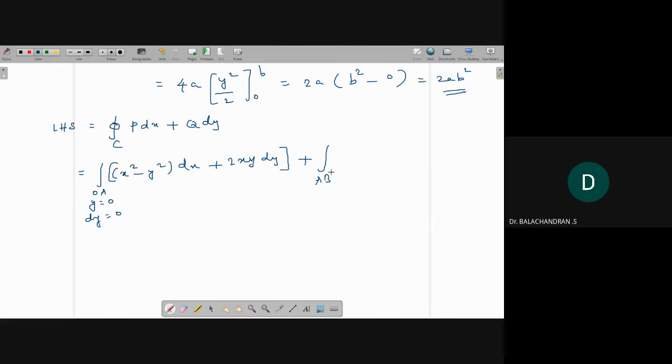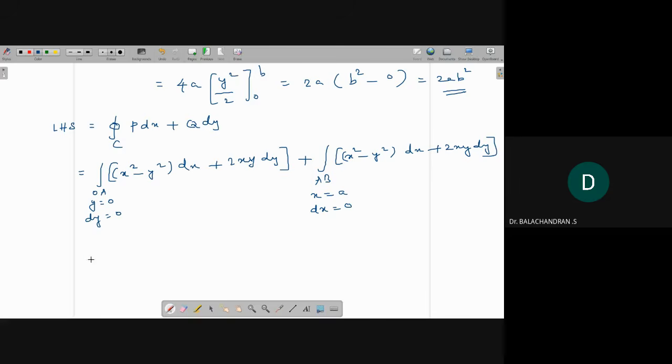What is the equation of the line AB? X is equal to a, so dx is equal to 0. We write again the same integrand, (x square minus y square) into dx plus 2xy into dy.